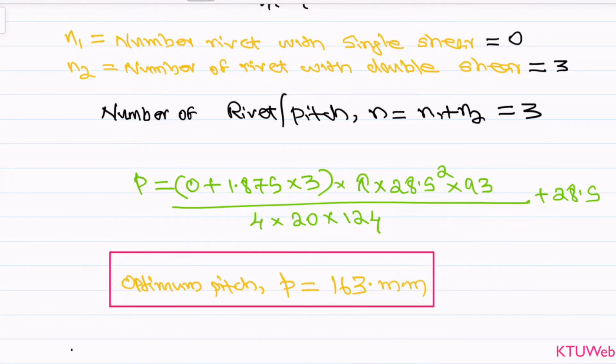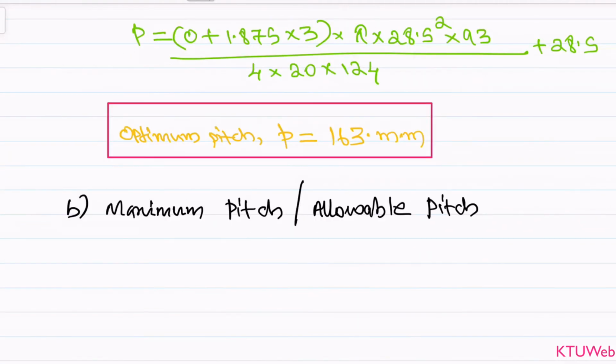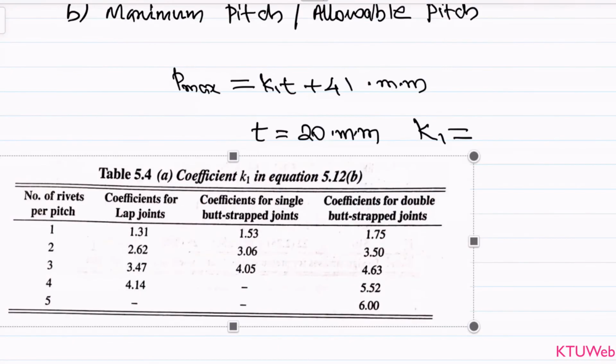Similarly, we have to find the maximum pitch as per the standard. The maximum or allowable pitch can be found from the empirical relation Pmax is equal to K1 into thickness of plate plus 41 mm. Now we have to find the value of K1, and T is given as 20 mm. When you check your data book, you will get a table like this.